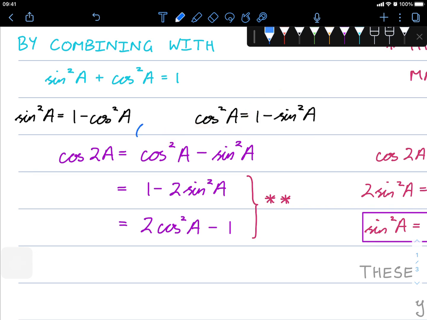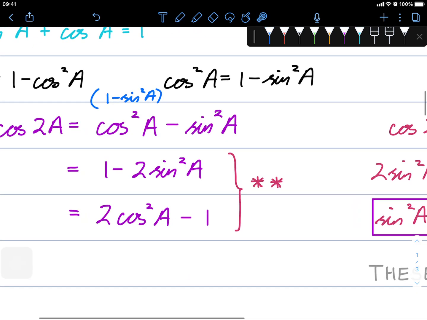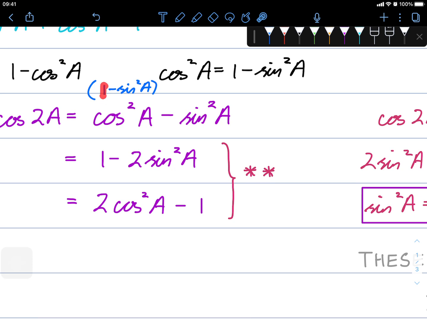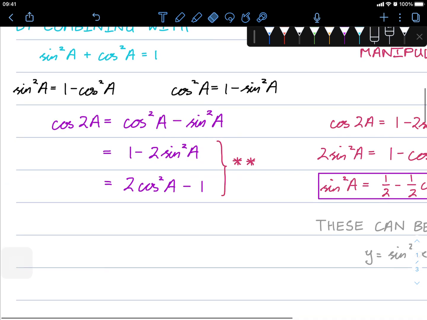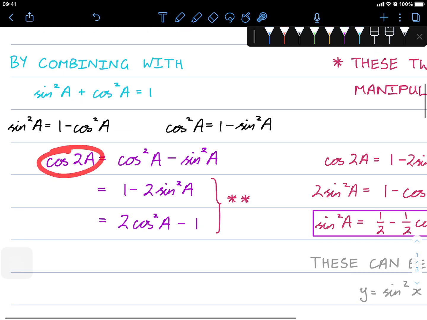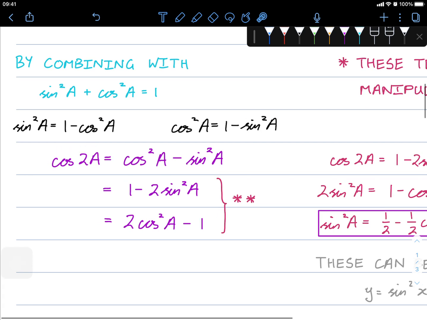So that will give us 1 minus sine squared a, which if we expand that, that's going to be 1. And now that's going to be negative sine squared a minus sine squared a. That's negative 2 sine squared a. So we can get even more identities from cos of 2a.